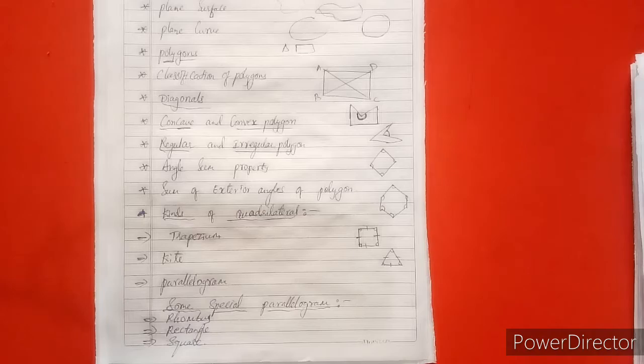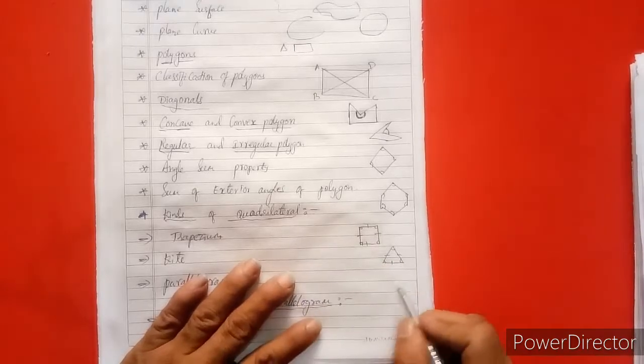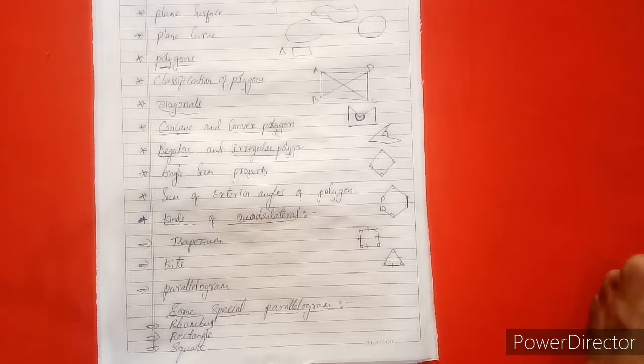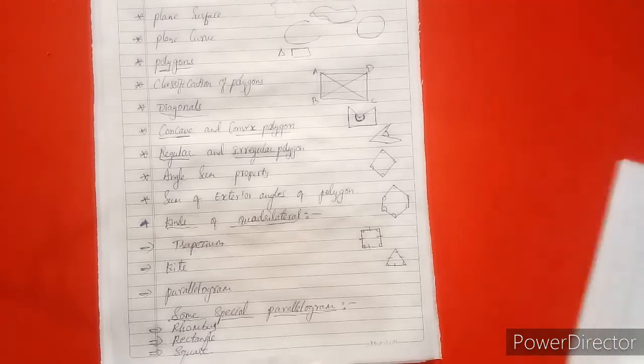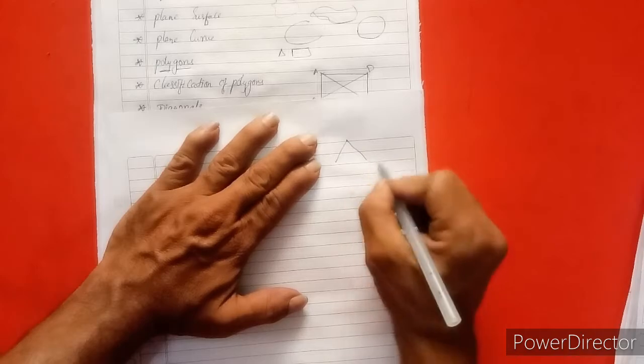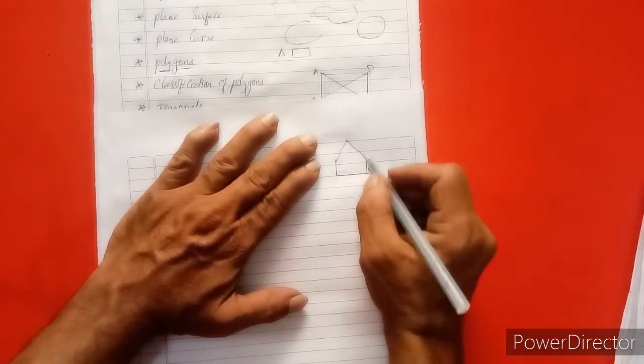This type is an irregular polygon. I will show here in the figure also. This type of figure we call irregular, because we are not getting all the sides equal.